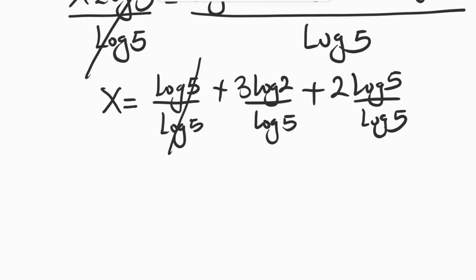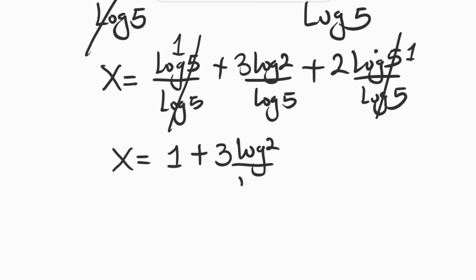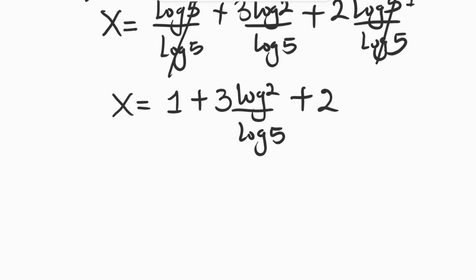So now log 5 cancels out here, 1, log 5 cancels out here, 1, 2 times 1 will give us 2. So we have x equals 1 plus 3 log of 2 divided by log of 5 plus 2.